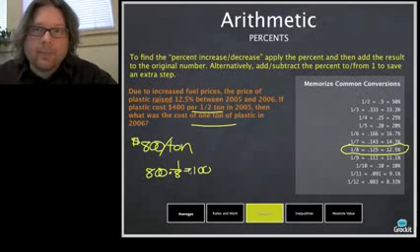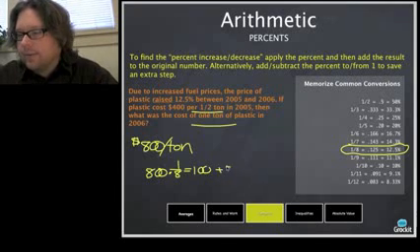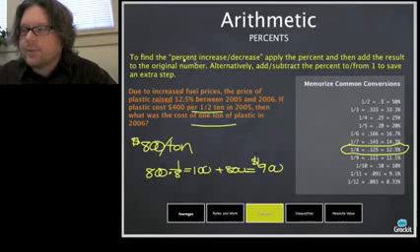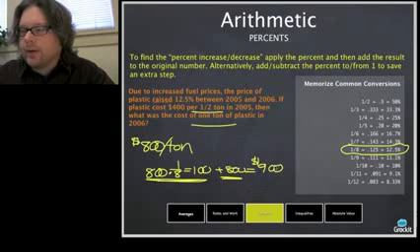So that's the amount it went up. We have to add that to the original number to see what the new number is. So the new price is $900 per ton. So that's what this first thing is. Apply the percent, that's this right here, then add the result to the original number for the new price.